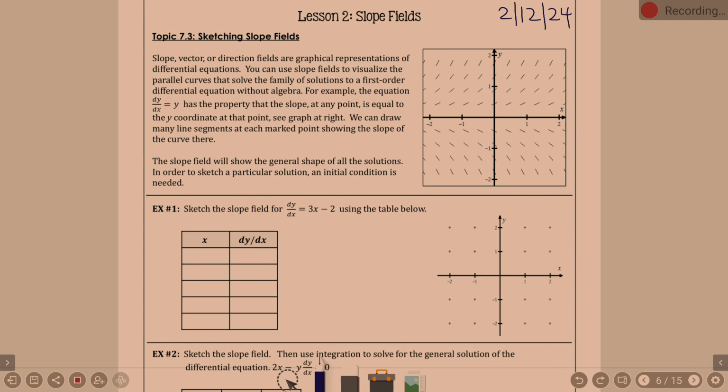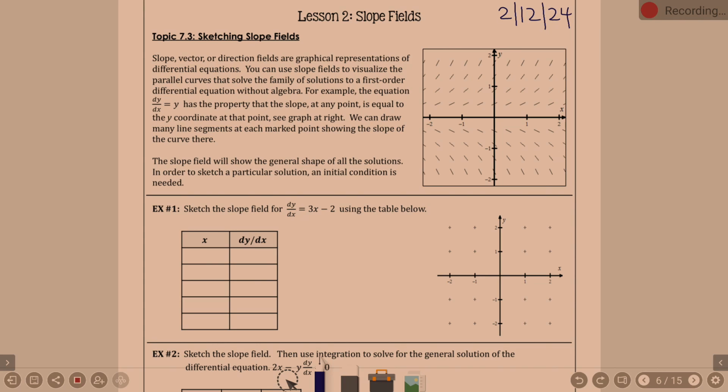You can use slope fields to visualize the parallel curves that solve the family of solutions to a first-order differential equation without algebra. For example, the differential equation dy/dx = y has the property that the slope at any point is equal to the y-coordinate at that point. This is saying the slope is equal to the y value.